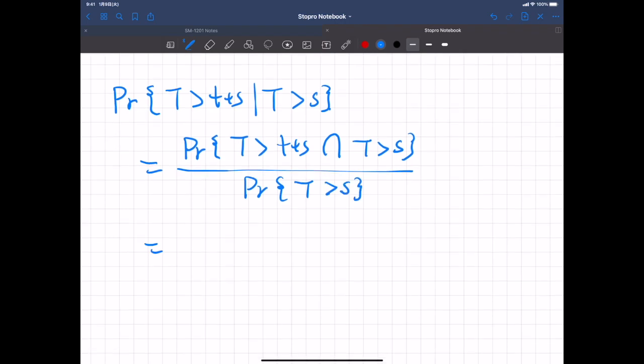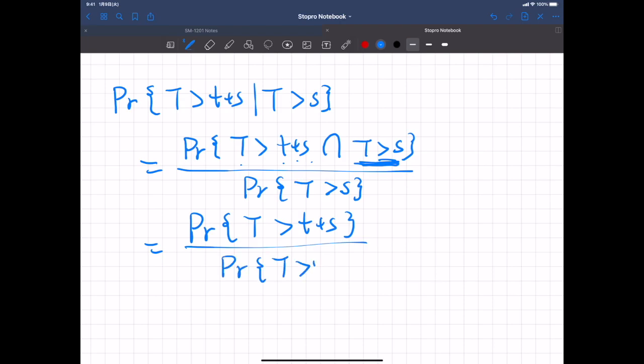Okay, but since if T is greater than t plus s, this second condition is automatically satisfied, so we can just drop that condition. So the numerator is just equal to this, and the denominator remains.